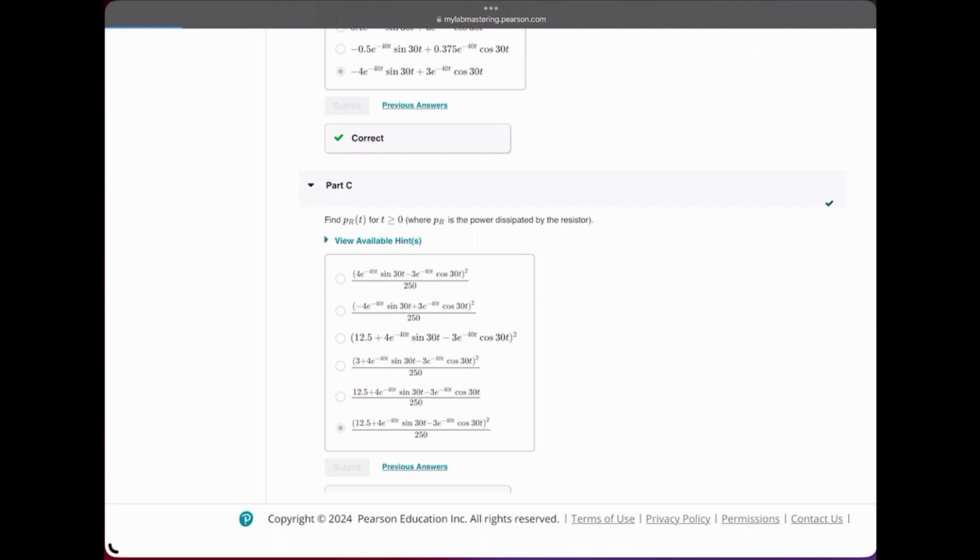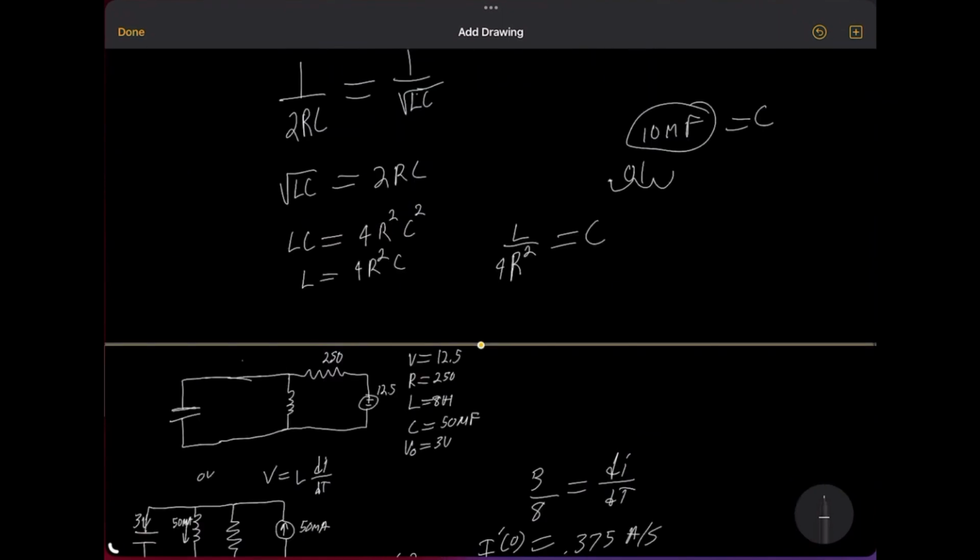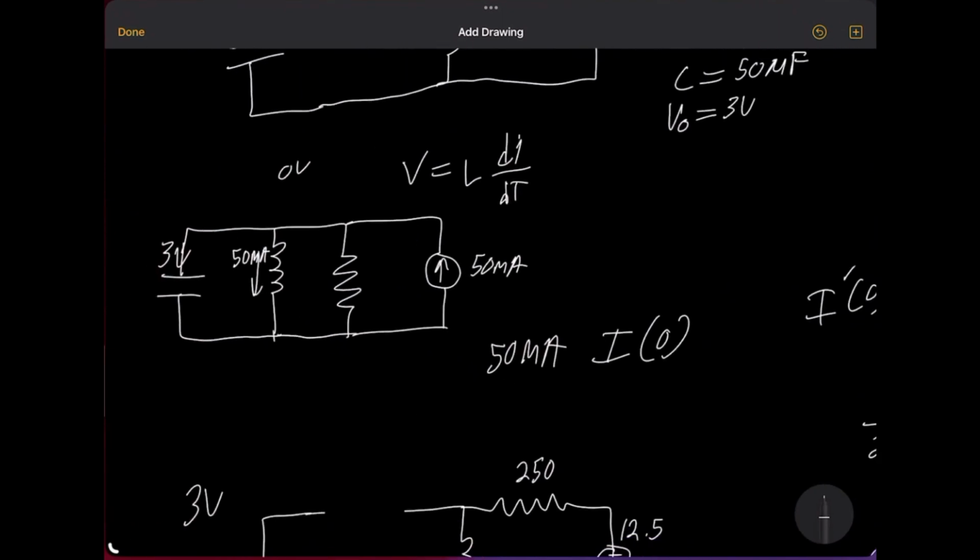So, if you were to look at this circuit, right? How would you find the voltage through the resistor?